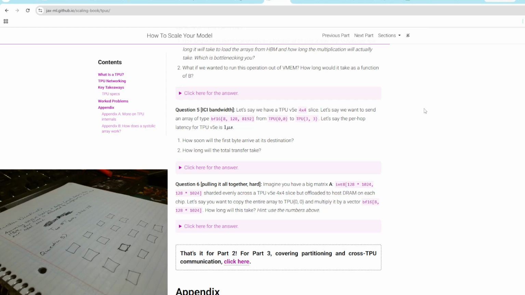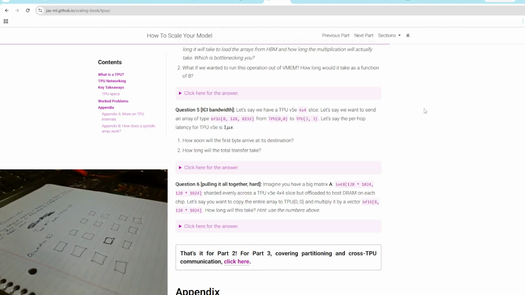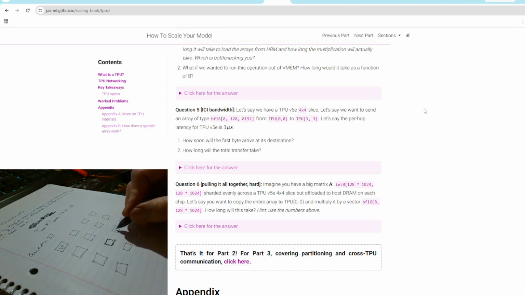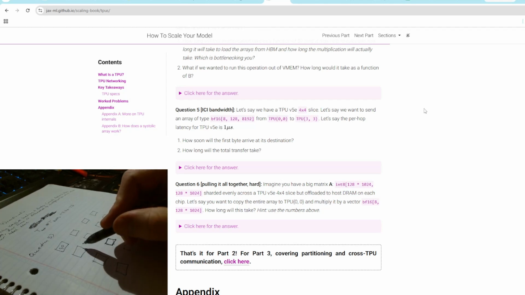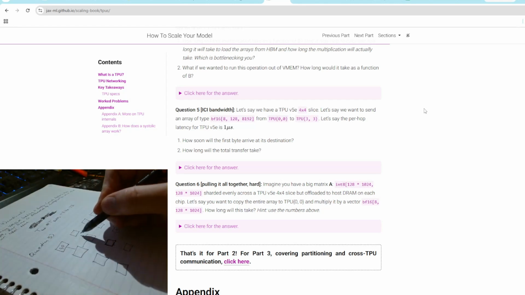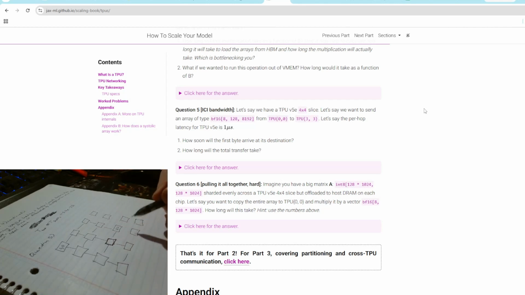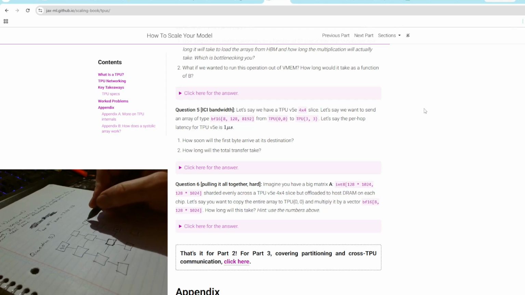So TPU 0,0 and then 3,3. So let's write all these interconnects here. We'll ignore all the ones who aren't really connected. And then this should be connected to this. Maybe we can write it like that.